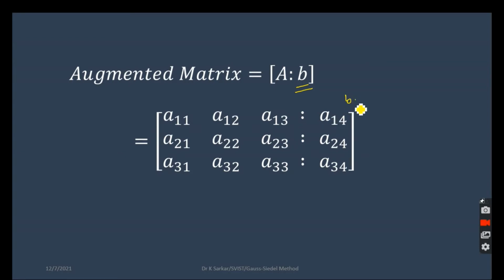So B1 is substituted by A14. Similarly, A21, A22, A23, A24, this A24 is for B2, A31, A32, A33, A34, A34 is for B3. This is only to write the program smoothly.